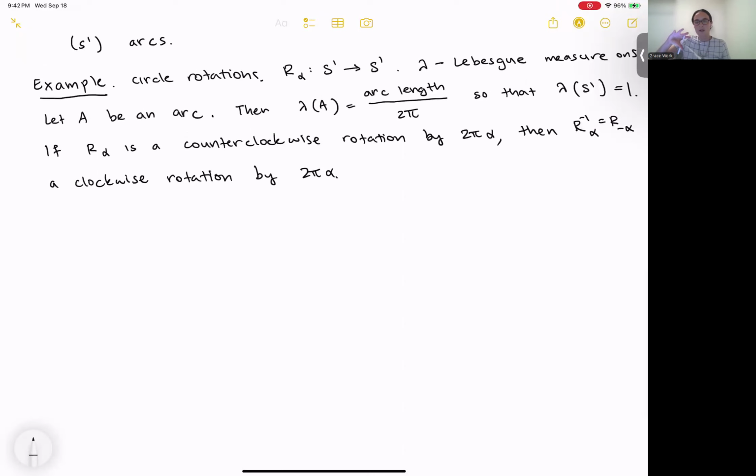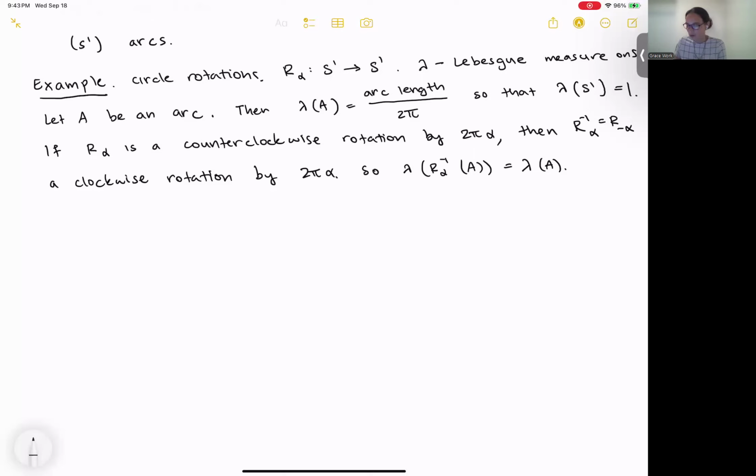We're taking an arc of a circle and rotating it around. Arc length isn't going to change, so the Lebesgue measure of the pre-image of our arc is going to equal the Lebesgue measure of our arc. And we said we only had to check it on these arcs. So in this case, Lebesgue measure is invariant under the transformation circle rotation by alpha.